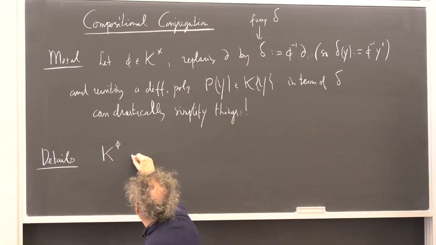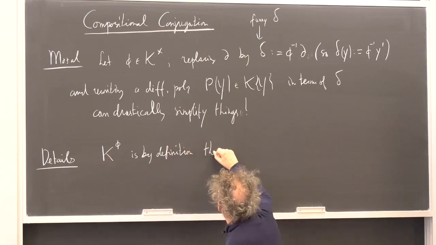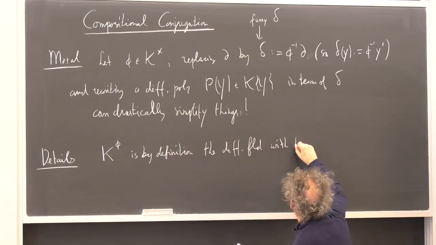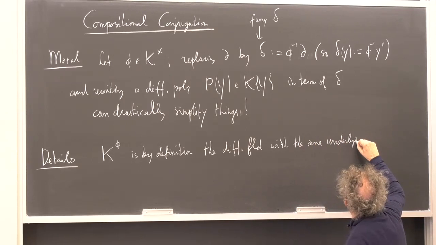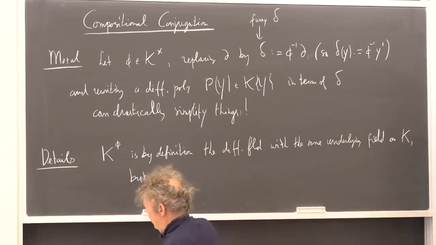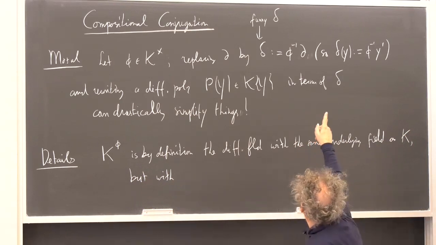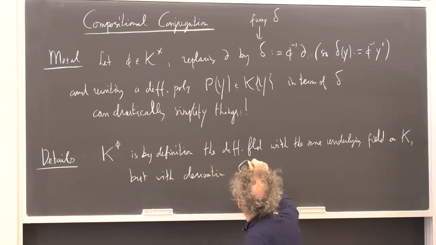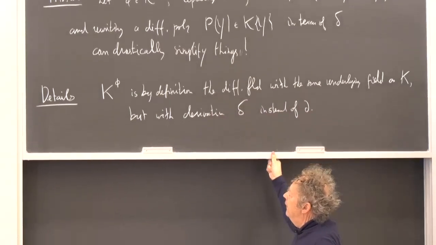So K^phi is by definition the differential field with the same underlying field as K, so you don't change the underlying field, but the distinguished derivation of it is not delta, but funny delta.